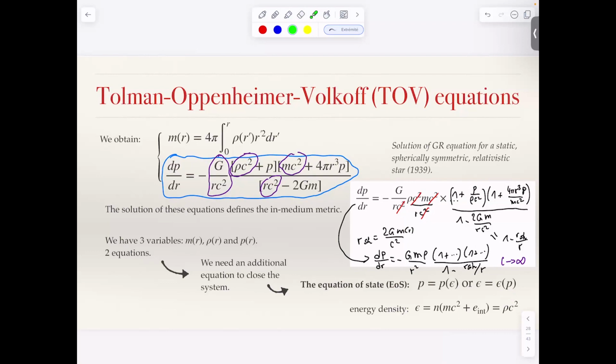This is what I'm writing here: an energy density. Remember that the Greek letters I use are for something divided by the volume. So the energy density is defined as rho c square, and it has a contribution from the rest mass, the particle density n times the mass.